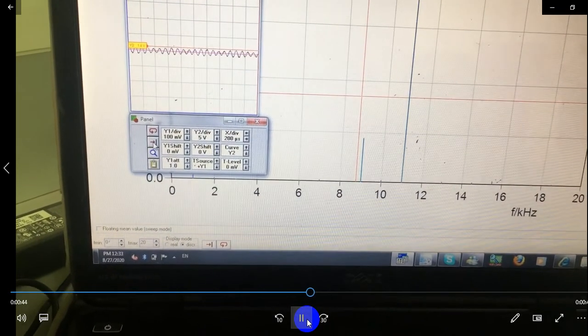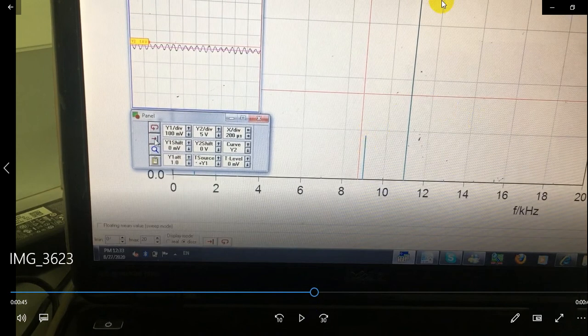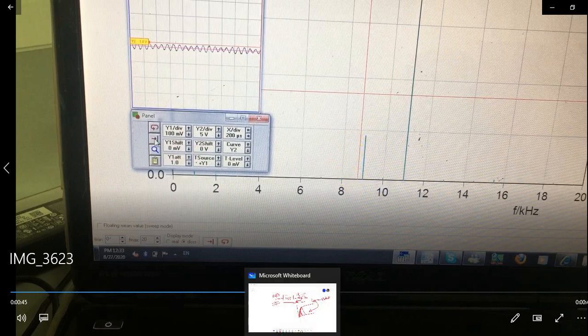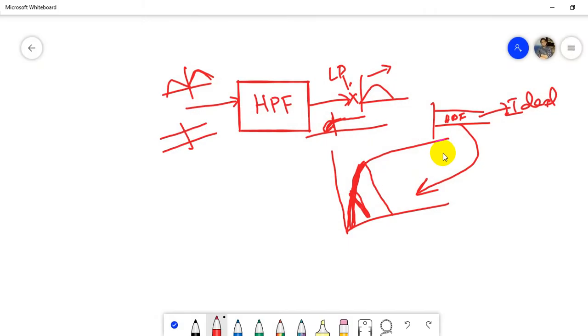So here you can see this is single sideband, but actually you should get only the upper sideband, yet here the lower sideband is also present with less amplitude. Why? Because, as we draw here, suppose these are the two bands we are transmitting.